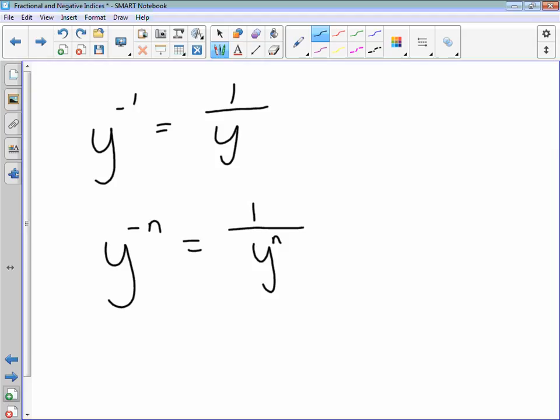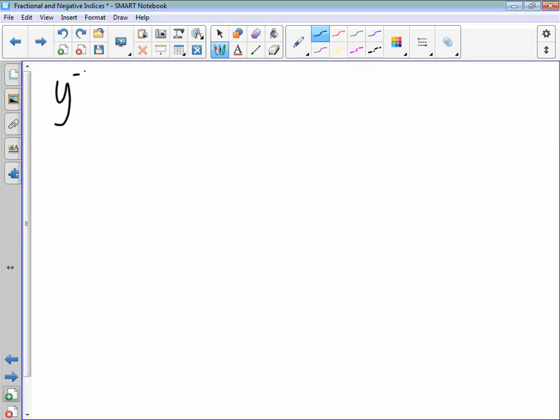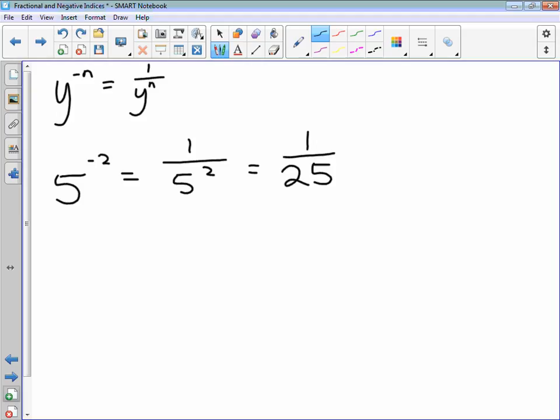So if we take examples bearing this rule, y to the power of -n is 1 over y to the power of n, we can find that 5 to the power of -2, using the rule, is 1 over 5 squared, and 1 over 5 squared is 1 over 25. 4 to the power of -3 is 1 over 4 to the power of 3. 4 to the power of 3 is 64, so that becomes 1 over 64.